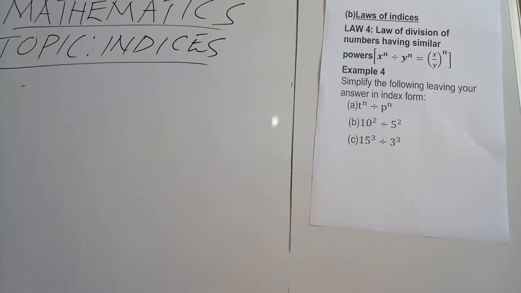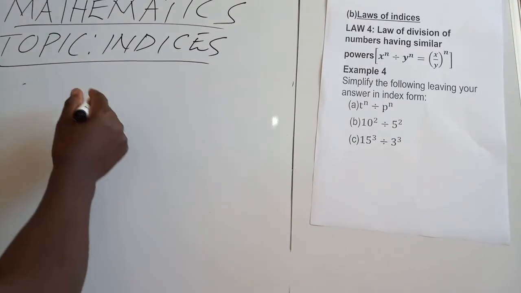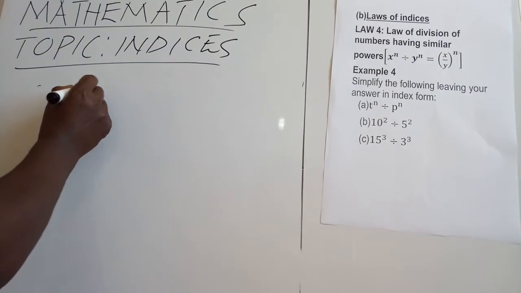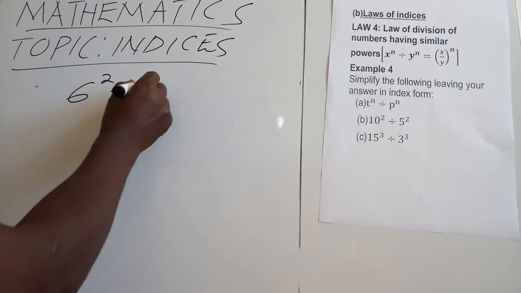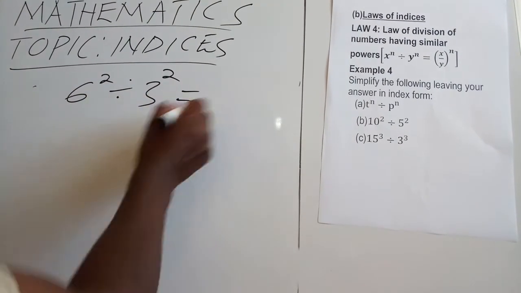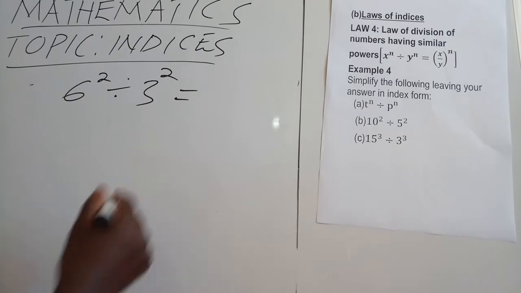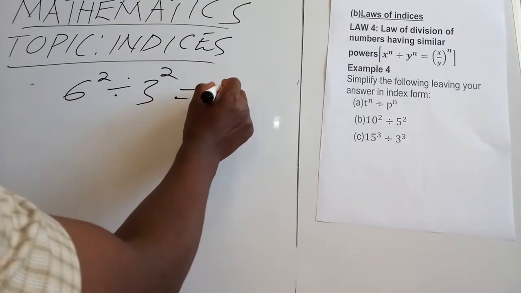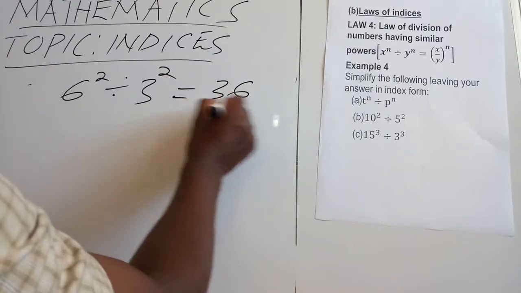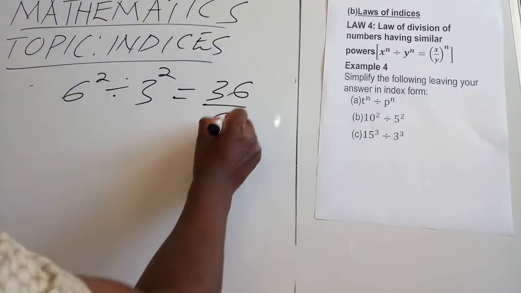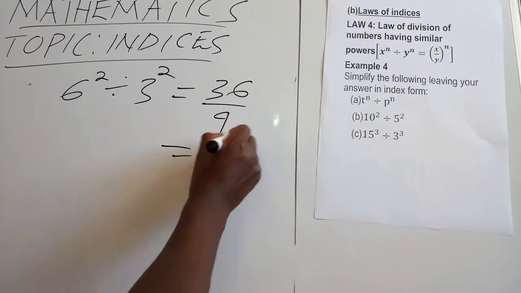A simple illustration. If you have 6 power 2 divided by 3 power 2, what will this be? 6 power 2 is the same as 36. 3 power 2 is 9. The outcome should be 4.